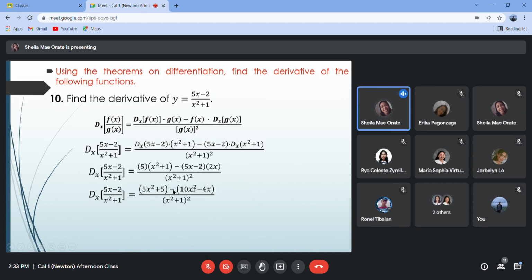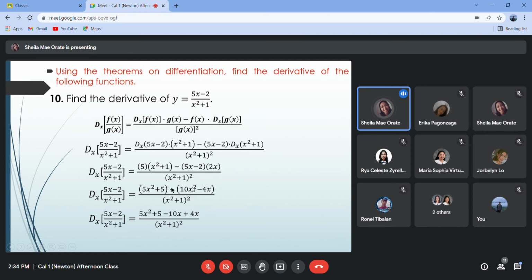Then remember, if naka-parenthesis ang function, ang minus na ito ay i-distribute din sa sulod. Usually nagkakamali ang mga estudyante. So dapat i-remember ninyo, pag naka-parenthesis siya, i-distribute din ninyo ang terms na ito. So, we have 5x squared plus 5 minus 10x squared plus 4x.